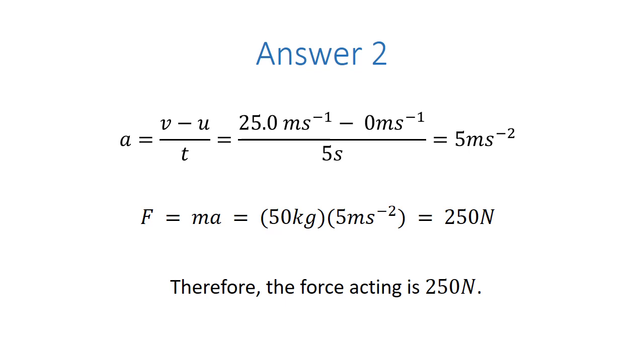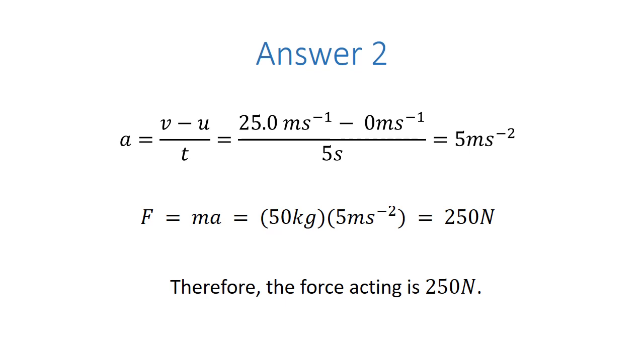And this will give us 5 meter per second square. Remember to write down the unit. And we can next use force equals to the product of mass and acceleration, which is 50 kilograms times 5 meter per second square, make sure meter per second square, equals to 250 Newton. Therefore, the force acting is 250 Newton. That's how we do it.